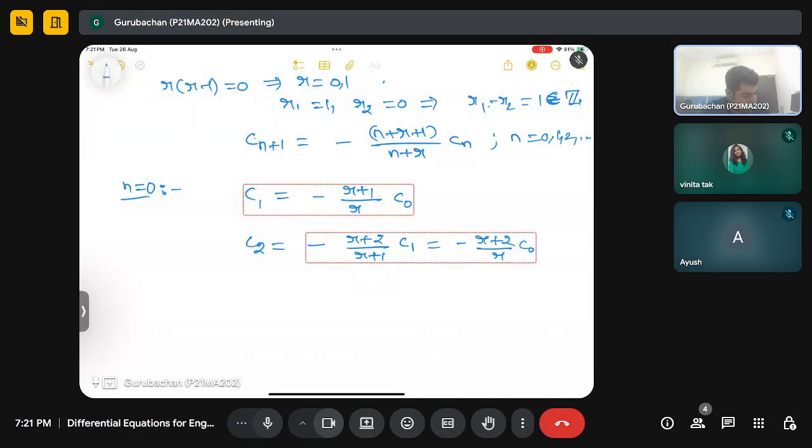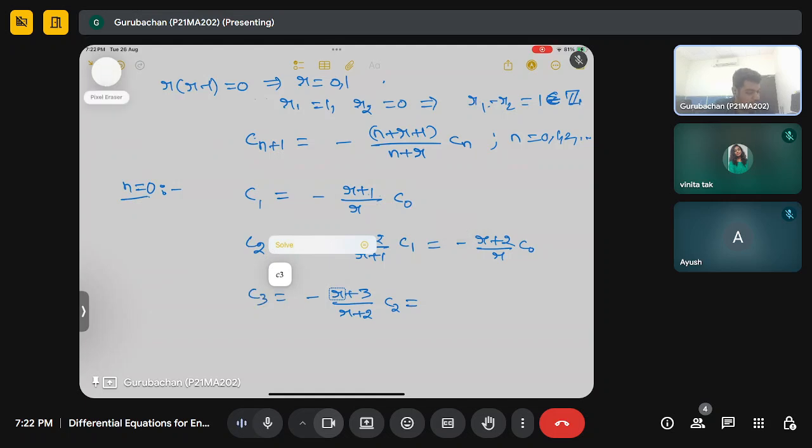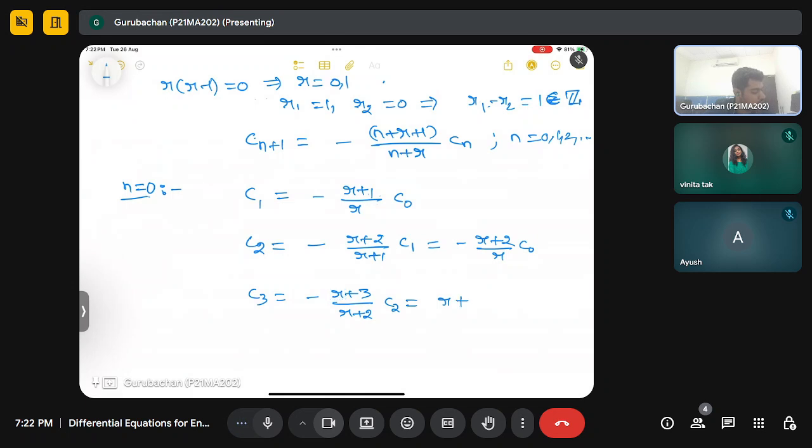Next is C3, r plus 3 divided by r plus 2 C2. This was minus, so this will become positive. The next expression will be r plus 3 divided by r into C naught. The r plus 2 will cancel out, divided by r.